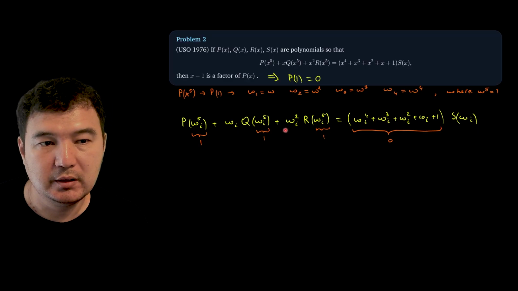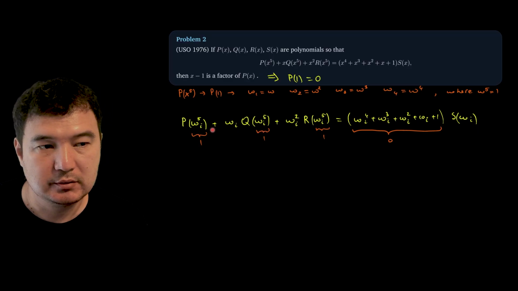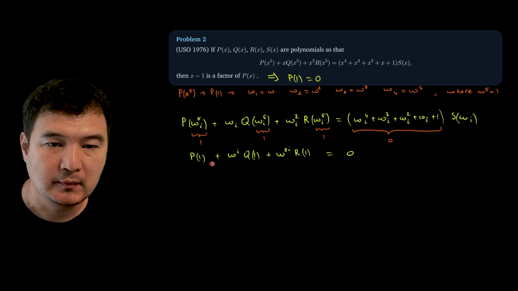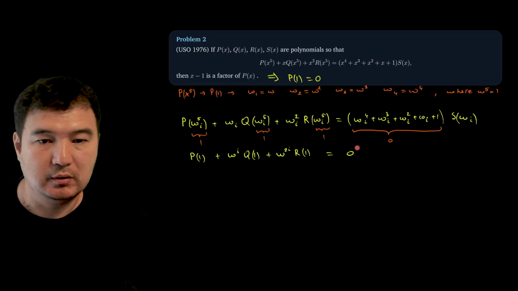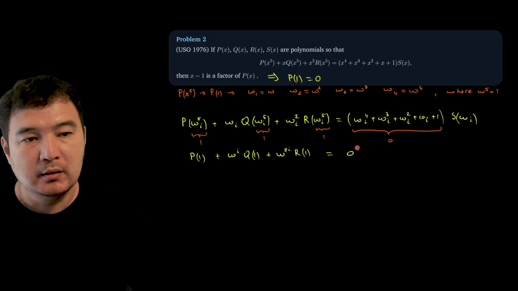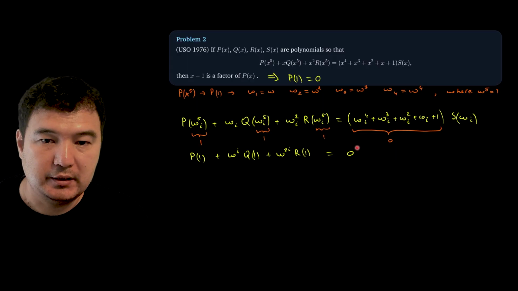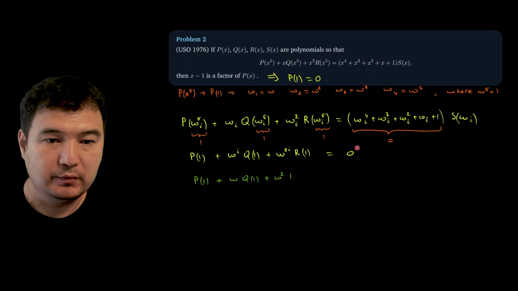And the fifth power of omega i is also 1. So this expression simplifies to p(1), q(1), r(1), and we have 0 on this side. Let me rewrite it for each i. So we have 4 equations.